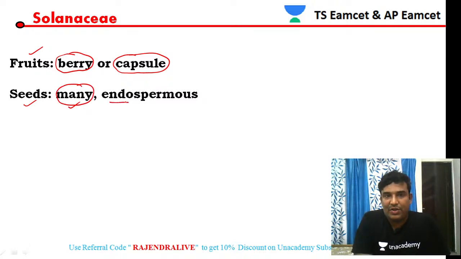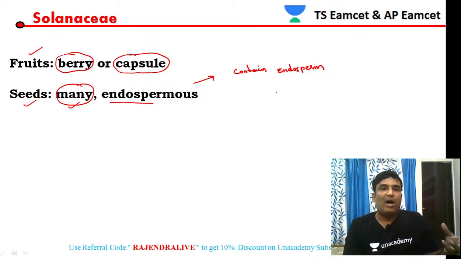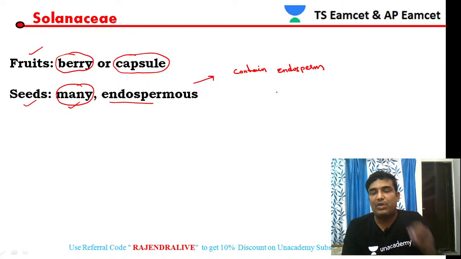Seeds are endospermic. Endospermic means that the particular seed contains endosperm. After fertilization, the zygote will be formed. The zygote develops into an embryo, and during the development of the embryo, the endosperm will be utilized.